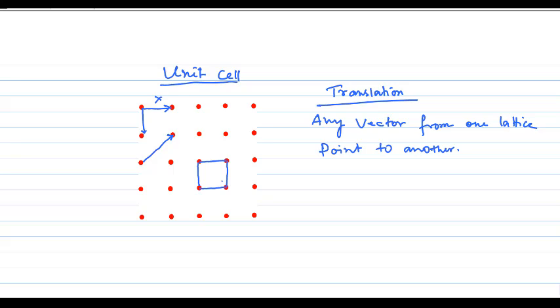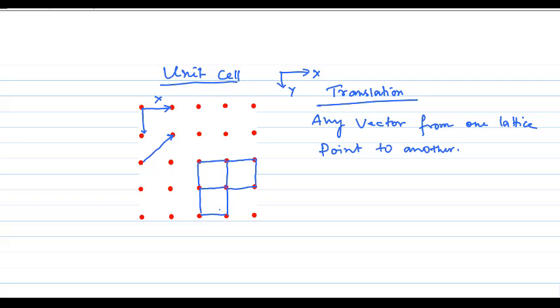and this will define a unit which can be repeated in all the 3 directions in space to generate the entire crystal structure. For example, if I repeat it in the x direction, you would see I have exactly the same unit, right? If I repeat it in the y direction, again, I see that I have exactly the same pattern, right?